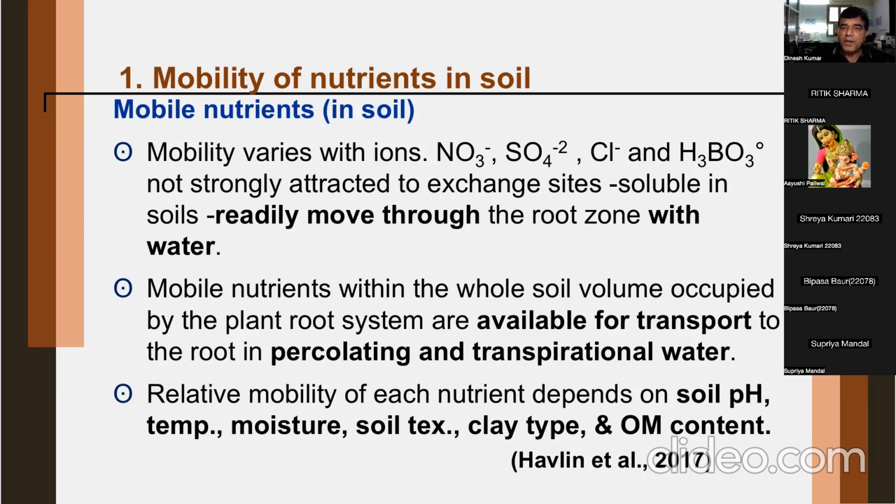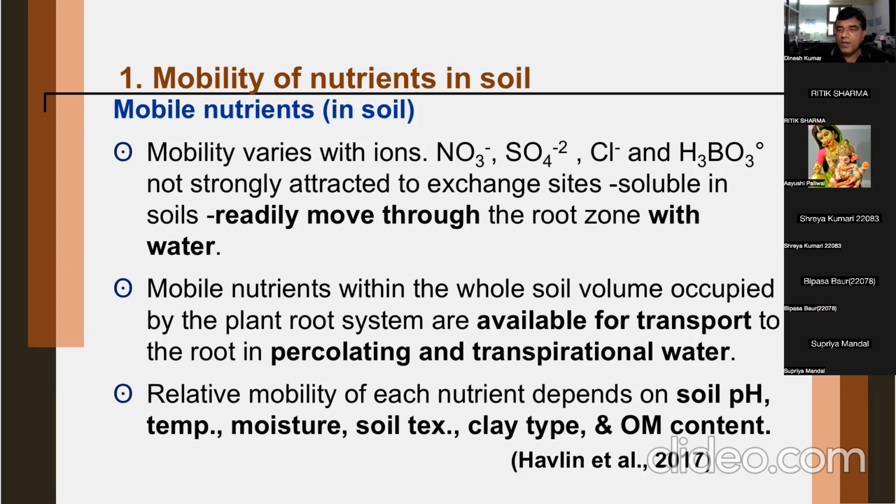So it is simple, and therefore you have cation exchange capacity and anion exchange capacity. Mobile nutrients within the whole soil volume occupied by the plant root system are available for transport to the root in percolating and transpirational water.